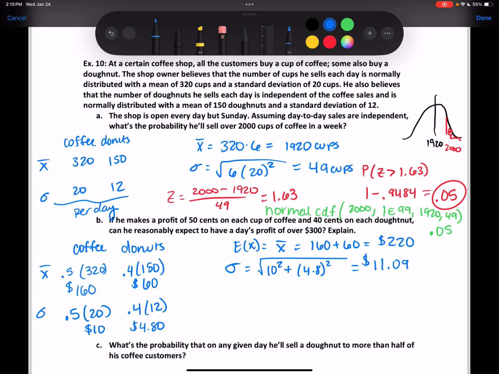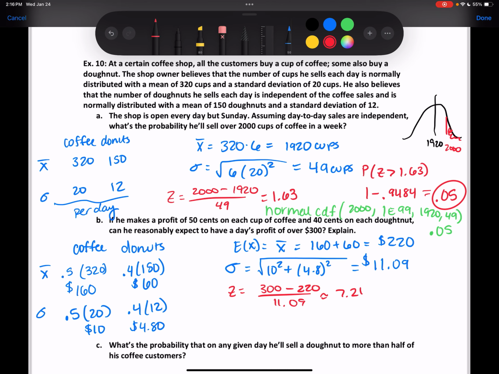So now I can do z-score. So 300 minus 220 over 11.09, which is 7.2.